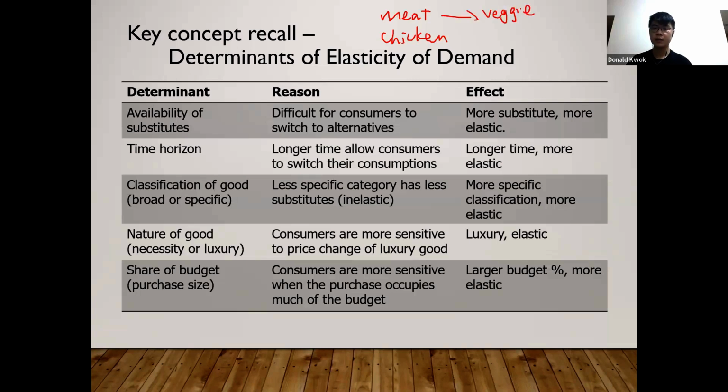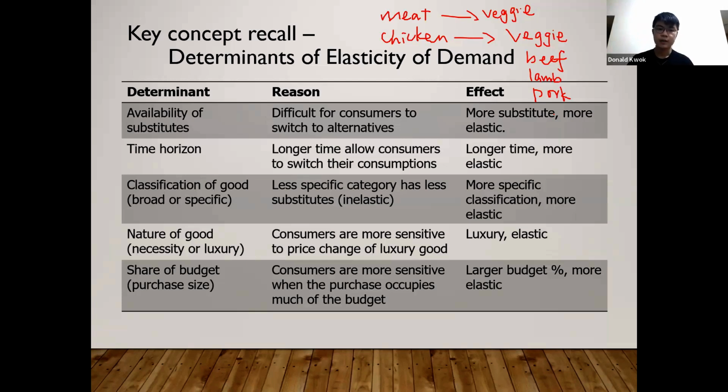While if we're talking about the substitutes to chicken, it could be much more. In addition to veggie, it could be other non-chicken meat, let's say beef, lamb, pork, and so on. So as you can see, chicken, the more specific category, will have more substitutes and hence more elastic demand.